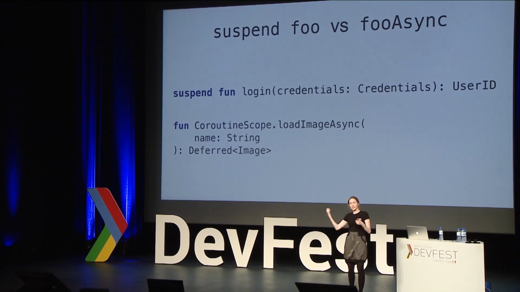But when you start new asynchronous computations, probably several of them, and either you are not interested in the result whatsoever, so they just continue to compute on their own, that's fine, or you are interested in the result sometime later. In these cases you define such a function as an extension on a coroutine scope.